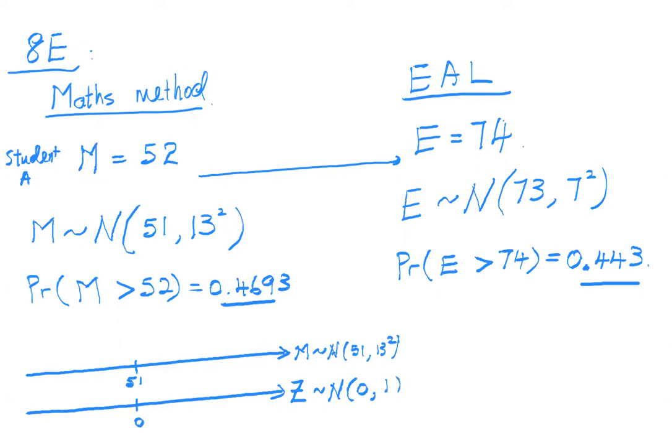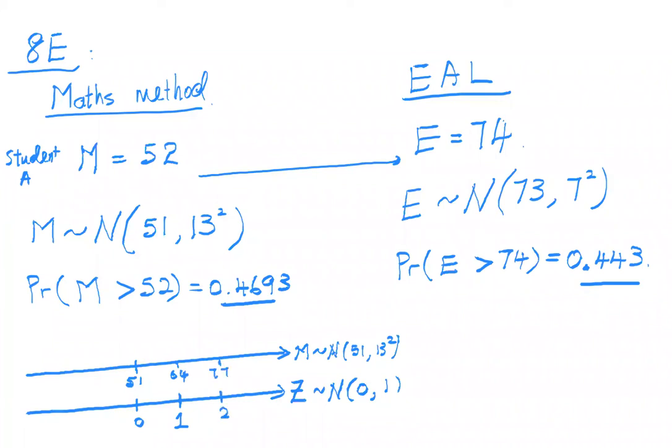So if you are talking about 51 plus 13, that is 64, the corresponding standard score will be 1. Are you clear? If you add another 13, that is 77, the standard score will be 2.